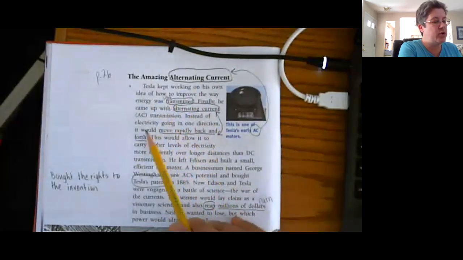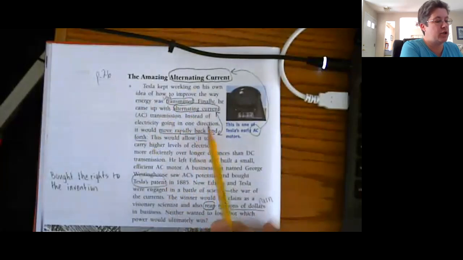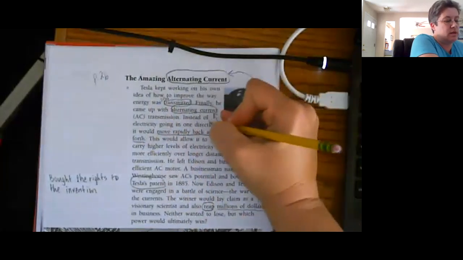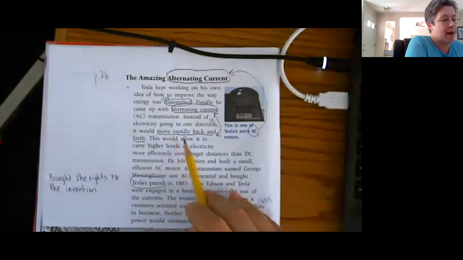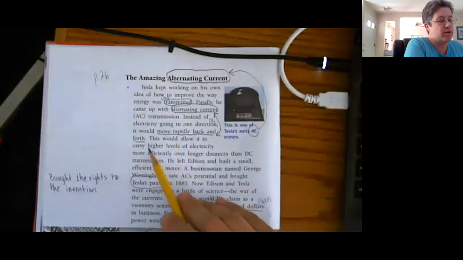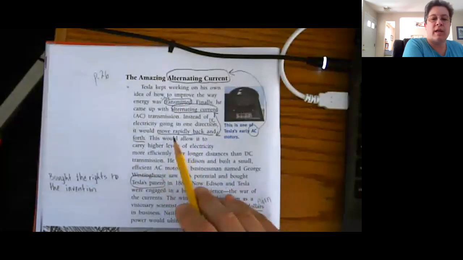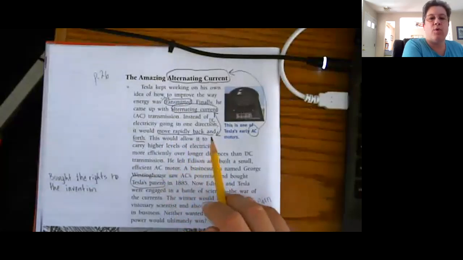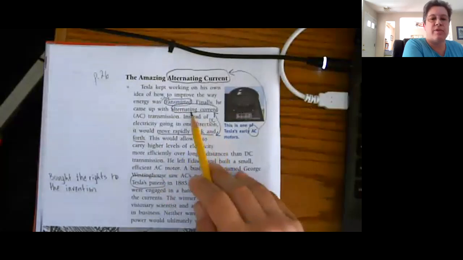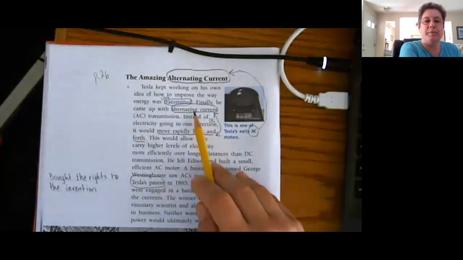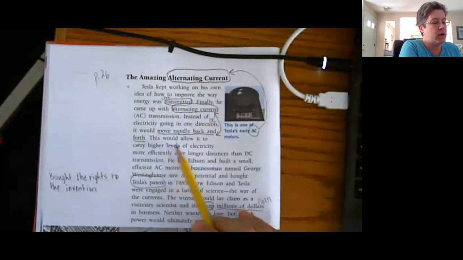Instead of electricity going in one direction, and that was DC, it would move rapidly back and forth. So if you'll underline move rapidly back and forth, that is the definition of alternating current. This would allow it to carry higher levels of electricity more efficiently over longer distances than DC transmission.